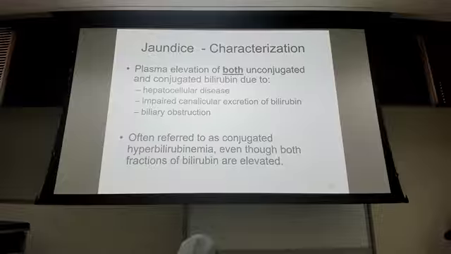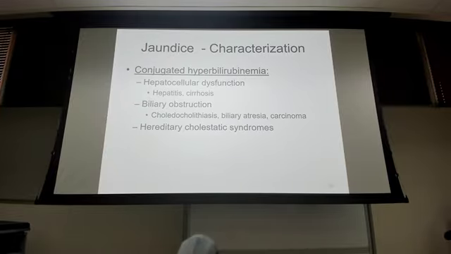And a biliary obstruction proper can give us both unconjugated and conjugated, but we categorize that as conjugated hyperbilirubinemia, even though it's a misnomer because both unconjugated and conjugated are actually elevated.